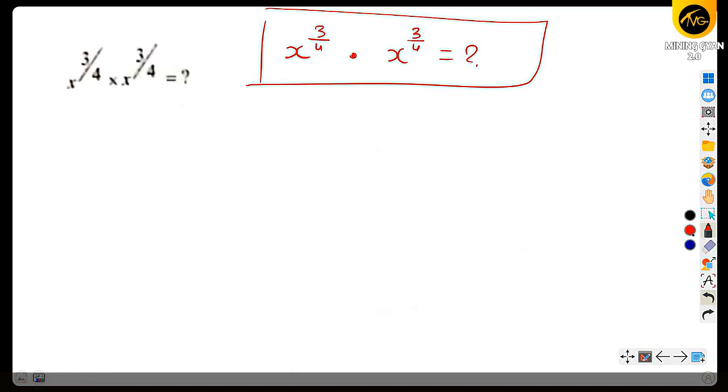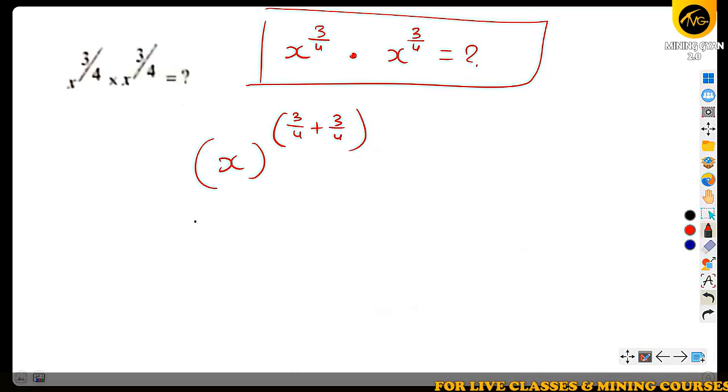Now in this case, x power 3 divided by 4 and x power 3 divided by 4. So the bases are the same. That means x whole power 3 divided by 4 plus 3 divided by 4. We can easily add the powers.